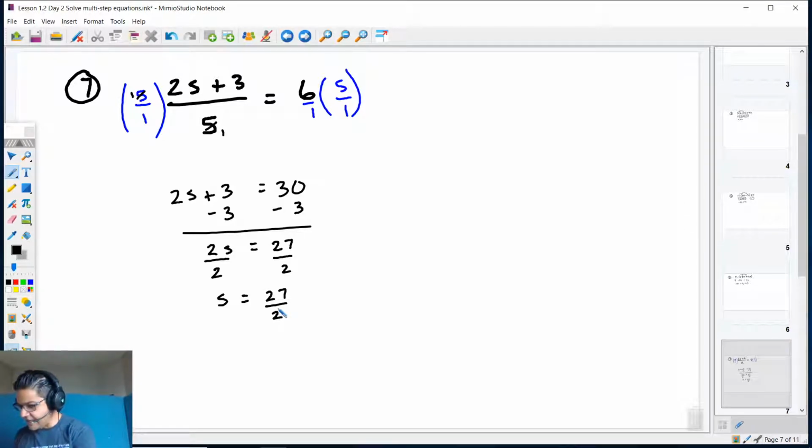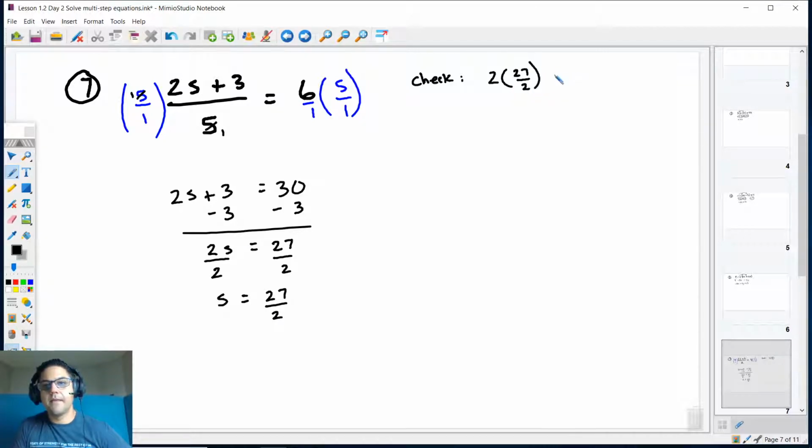Because if I were to check it again, it would be 2 multiplied by 27 over 2 plus 3 divided by 5, and I should be able to get a 6.